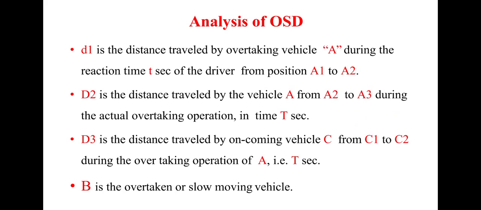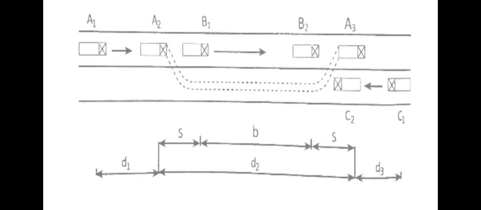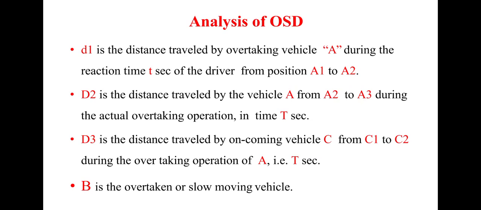So if you want to see the analysis part of the OSD, what is D1? D1 is the distance traveled by overtaking vehicle A during the reaction time T seconds of a driver, from position A1 to A2.